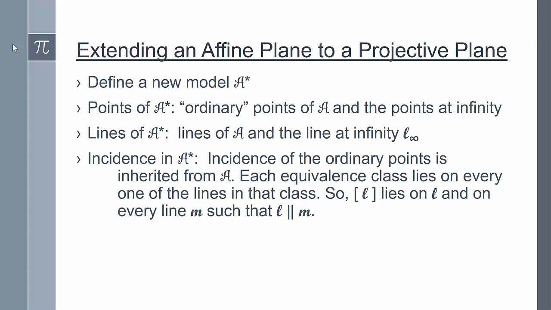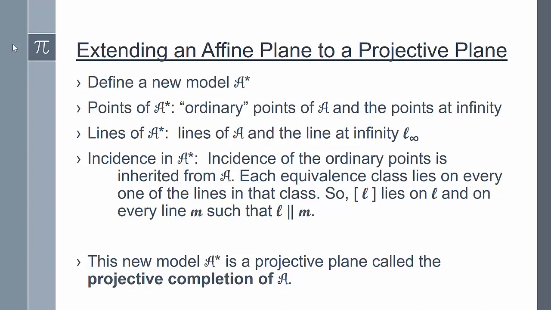But these lines will meet in A star because the equivalence class of L lies on both lines L and M. So now we no longer have any parallel lines in our model A star. That gives it the elliptic parallel property.